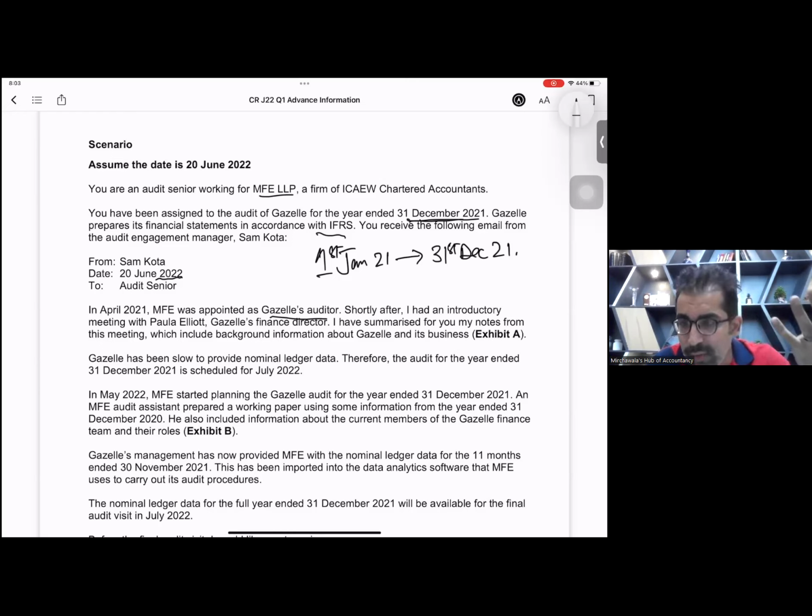Similarly, as this is a new client, we need to assess the risk. We need to understand the business systems, what their internal controls are. One more thing, we need to check whether we have expertise, whether we have experienced staff who have already worked in this line of business.